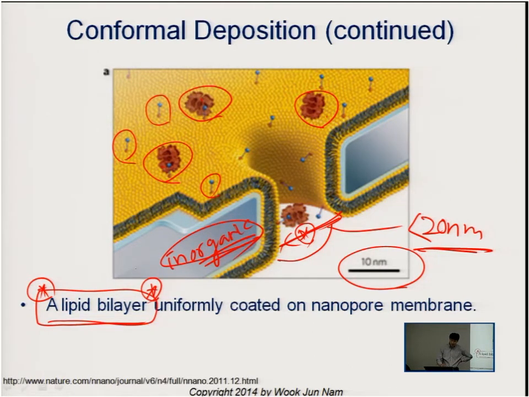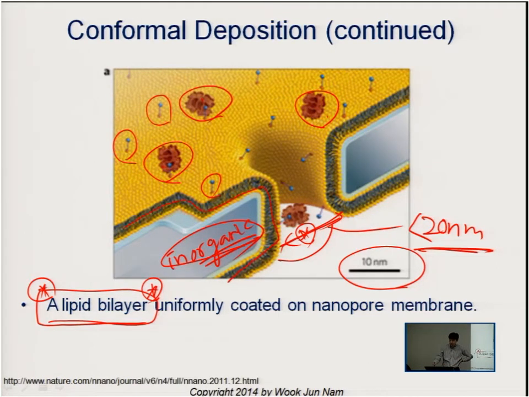To make these inorganic nanostructures much more compatible with biomolecules, we will talk about this more in the molecular self-assembly lectures, people make a nice, uniform, single lipid bilayer, and you can coat these nanostructures nicely and very uniformly. So this is another example.